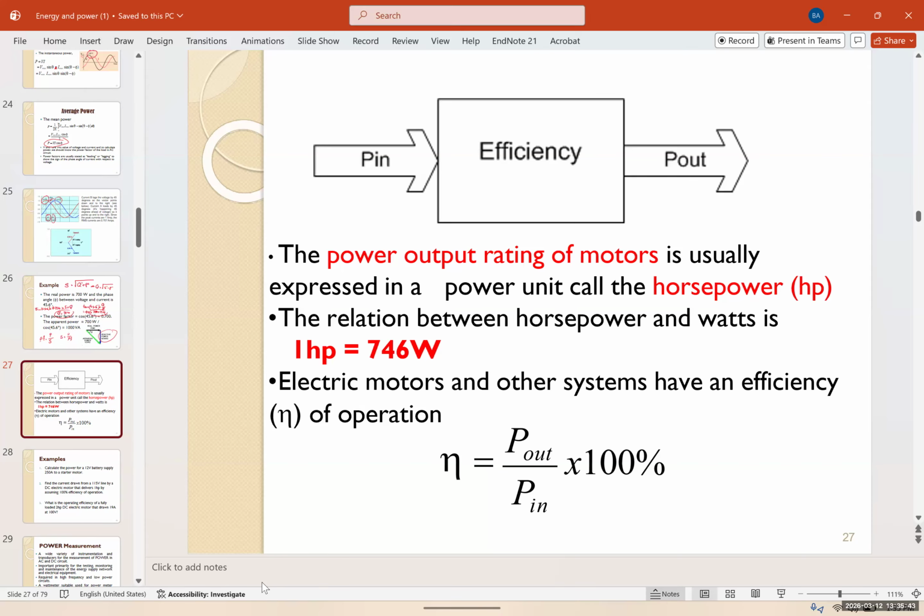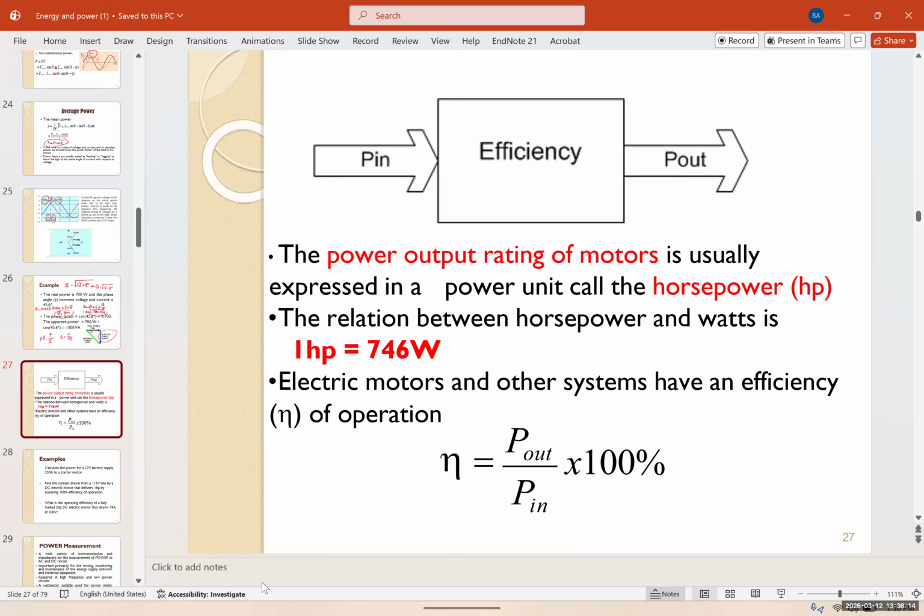Now, the power rating of a motor is usually expressed in power units called horsepower. One horsepower, or HP, is 746 watts. You're going to see this a lot in power systems. We usually measure electric machines and motors in horsepower, like 3/4, half, 1, or 2 horsepower.